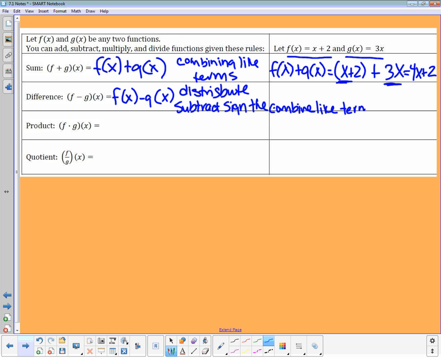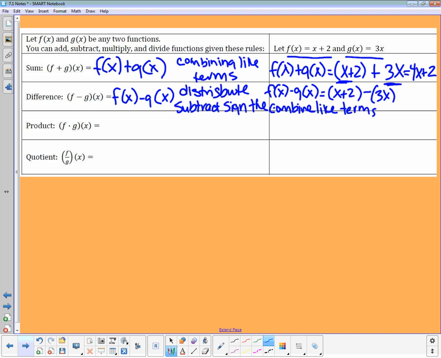Moving over into this other box here, if we do an example of this, we're subtracting g of x from f of x. So f of x minus g of x is equal to, if our f of x is x plus 2, and we're subtracting our g of x, which was 3x.